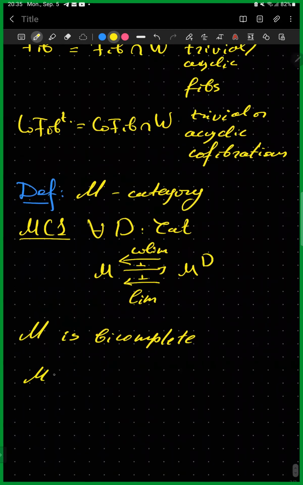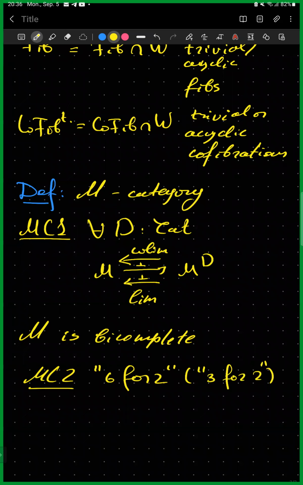Another axiom is the so-called property 6 for 2. This is not the usual axiom for model categories. Usually it is required to have property 2 for 3, and the property 6 for 2 is a slight strengthening of it. But the idea is as follows.